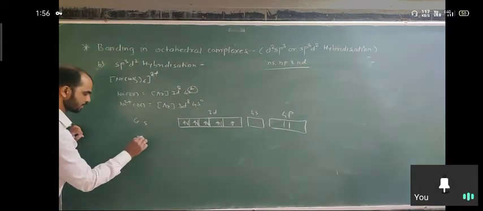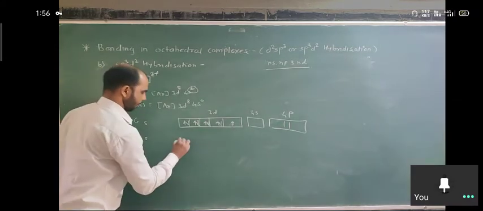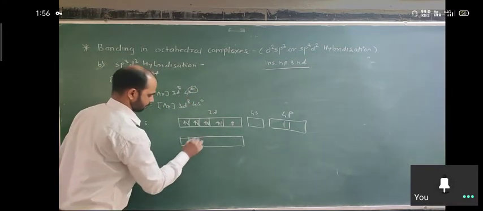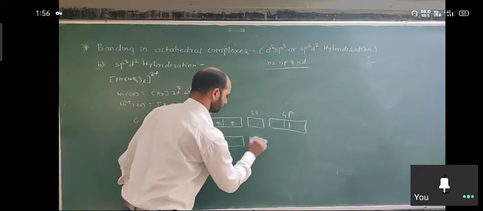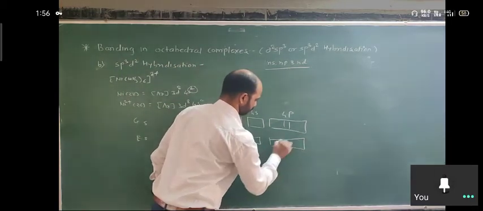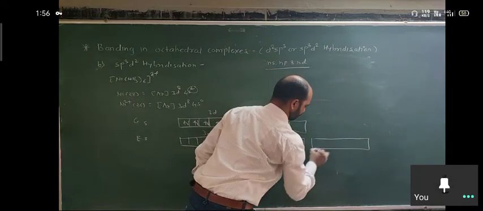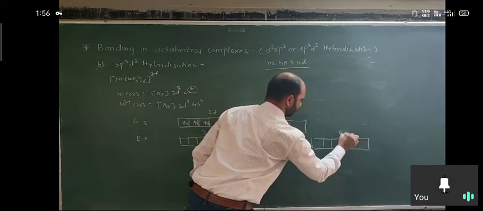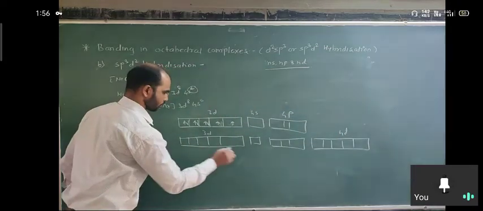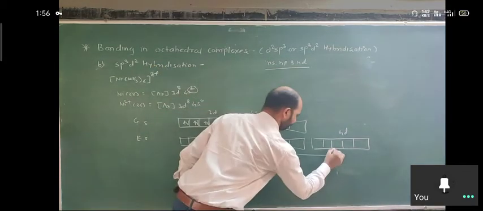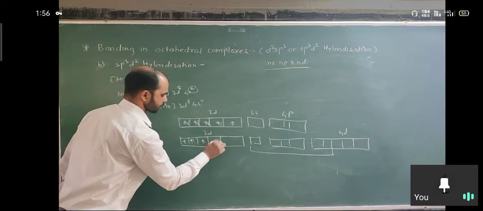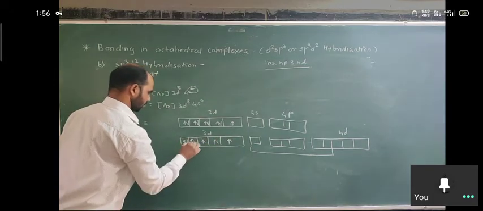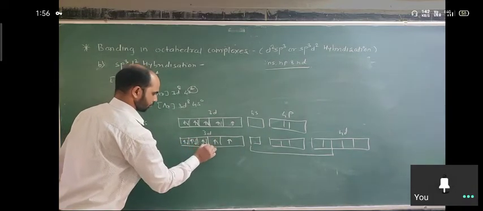So in the excited state, 3d, 4s, 4p, 4d are used, and the electrons from 3d remain.